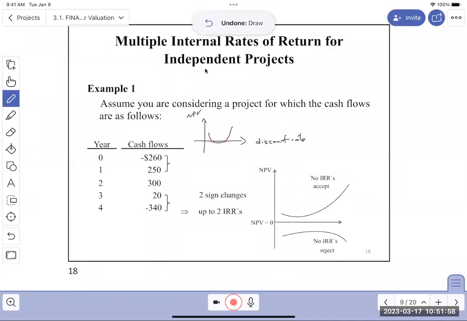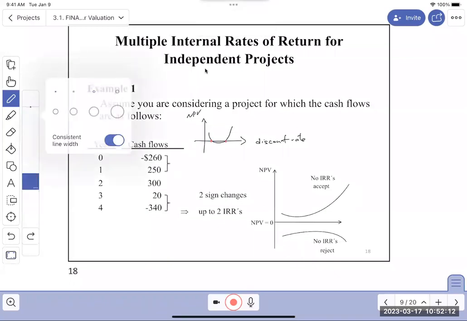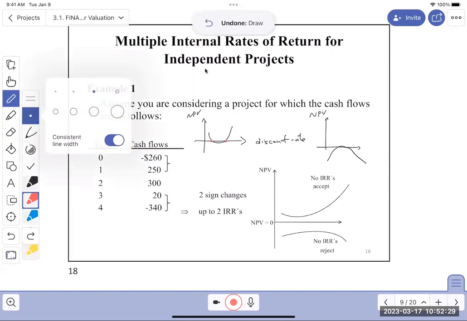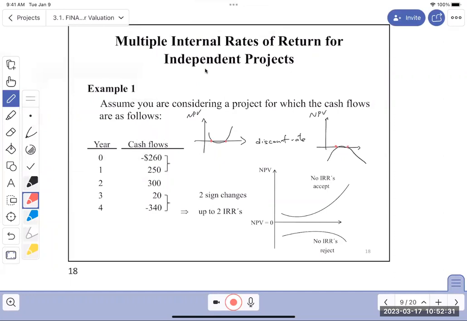It could be 2. It could also be like this, and it hits twice, there and there.